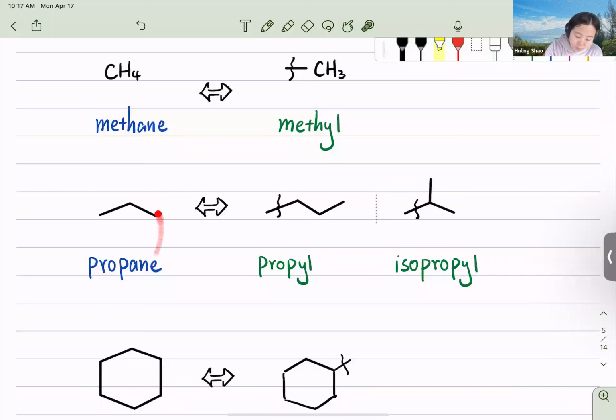Likewise, we can have propane, which is the IUPAC name of C3H8. We can have two different types of propyl group. You have the linear propyl group or the isopropyl group, depending on the position of your bonding.